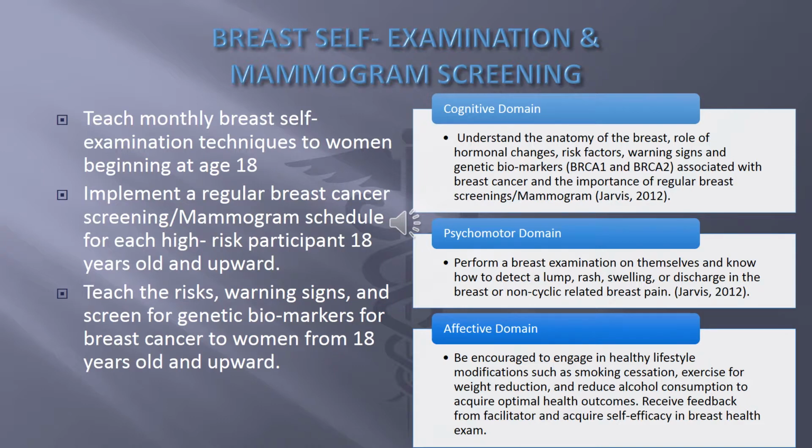So as they're practicing how to perform the exam and how to detect other abnormalities such as retraction, we will be available to them, and if we detect any flaw in the technique, we will readily be able to identify it, and it will be a teaching and learning opportunity for them, so that by the time they get home they will feel very comfortable in their self-efficacy of being able to actually do this on their own and do it correctly.